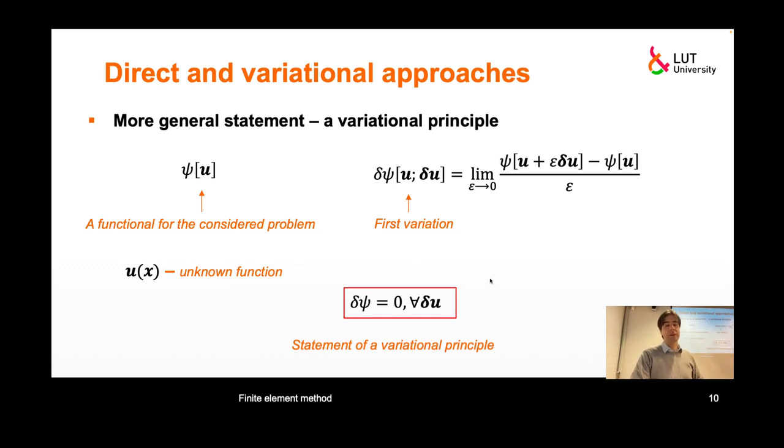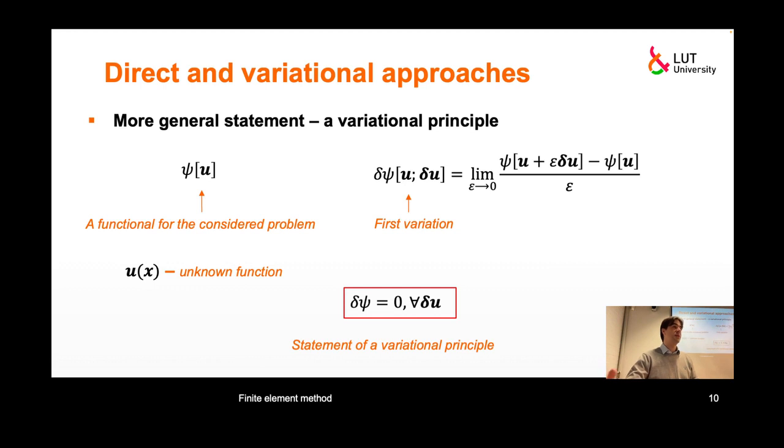But the statement of the variational principle is that we are looking for a function u such that for any test function, put into this first variation, it will be equal to 0. So this limit will be equal to 0 for any test function. So no matter how I change my displacement field, if I change it slightly, this functional does not change to the extent of first order terms.